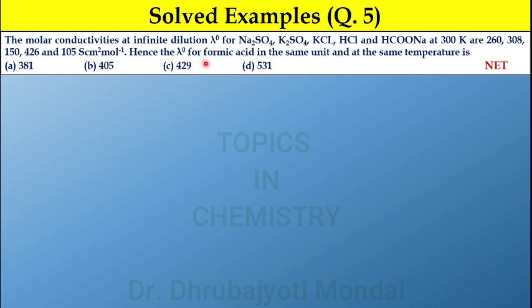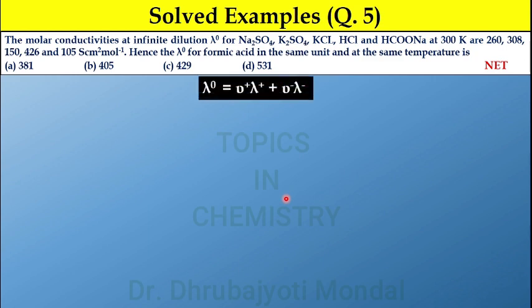Hence, the lambda 0 for formic acid in the same unit and at the same temperature: option A 381, option B 405, option C 429, and option D 531. So you have to calculate the lambda 0 of formic acid.